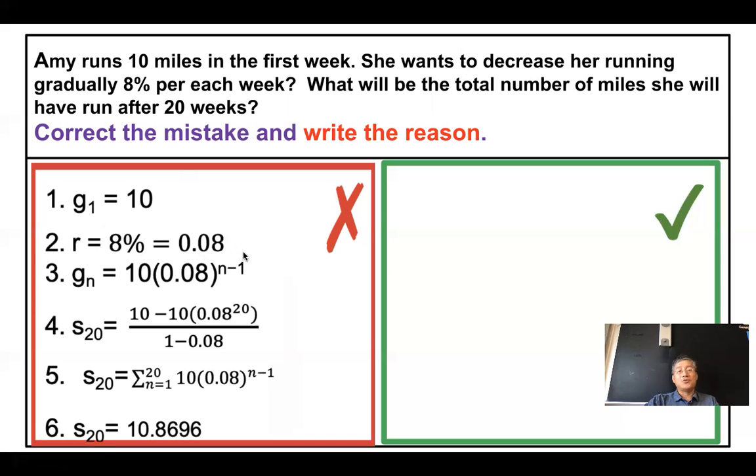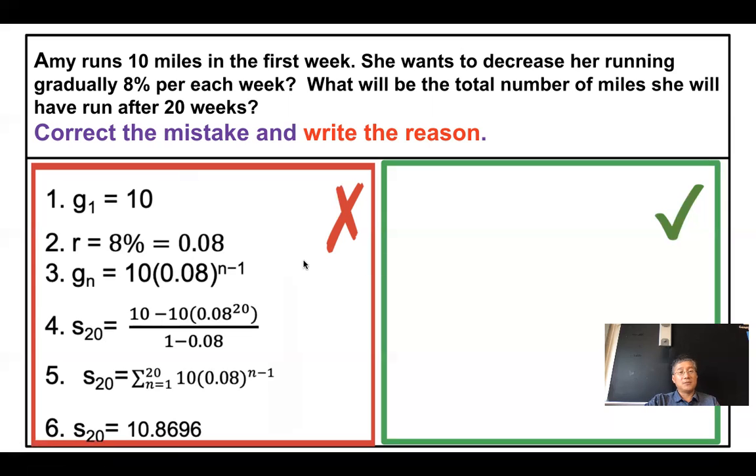Yes, you should subtract this from 1. But some people use this as the common ratio. That might be the mistake, right? Then the whole thing is wrong because Amy used the wrong common ratio. So the formula looks okay, but this is wrong.